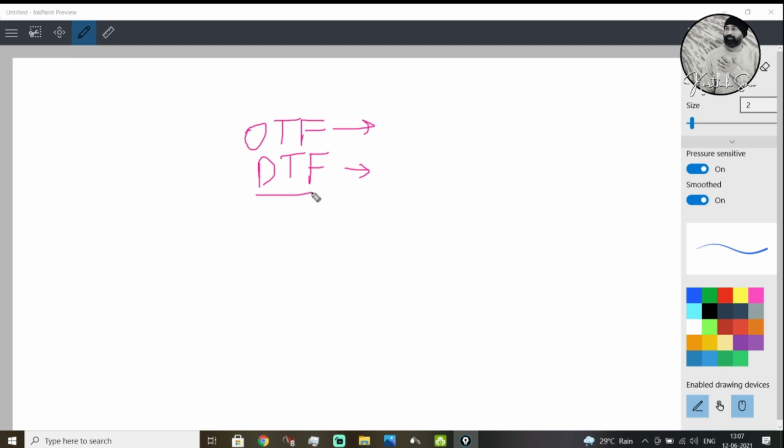OTF traders are the people who can hold their positions overnight. They have the capability, they have the money to hold the positions overnight. Even if it goes into loss, they can manage. They are ready for that.